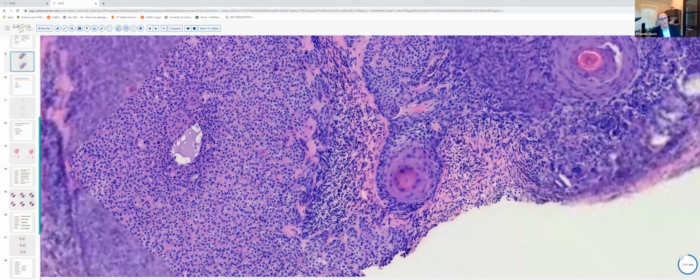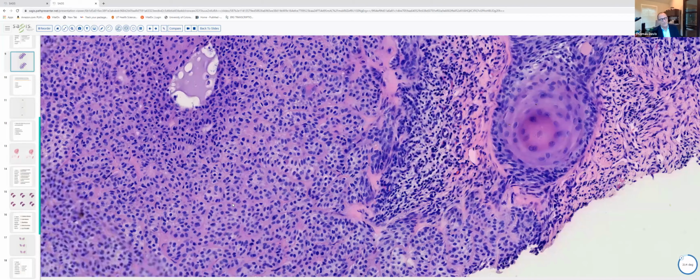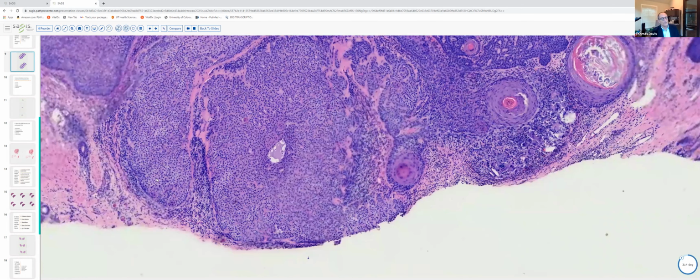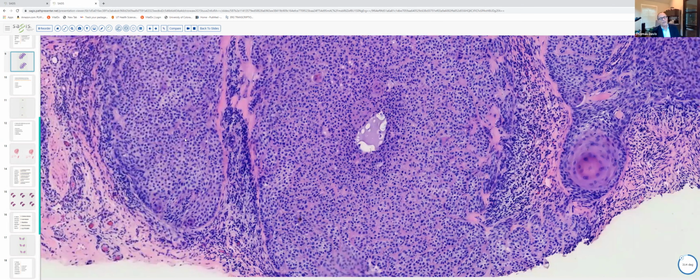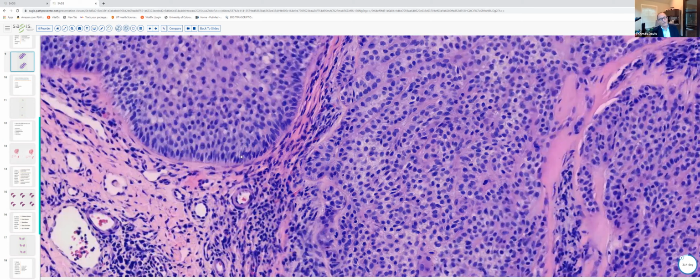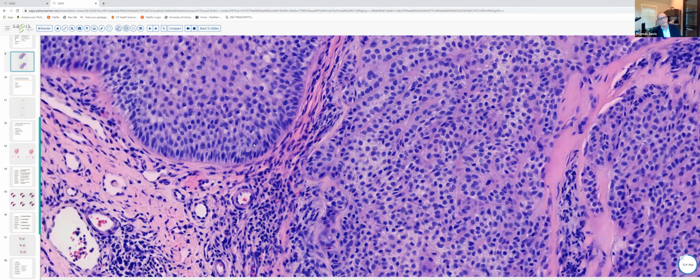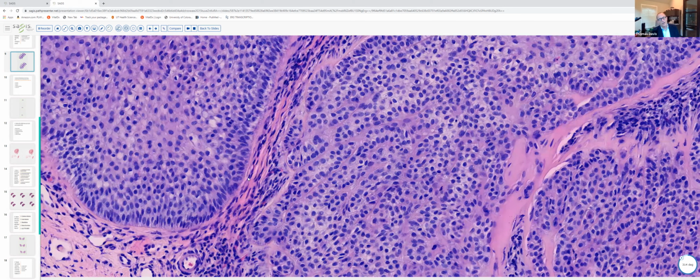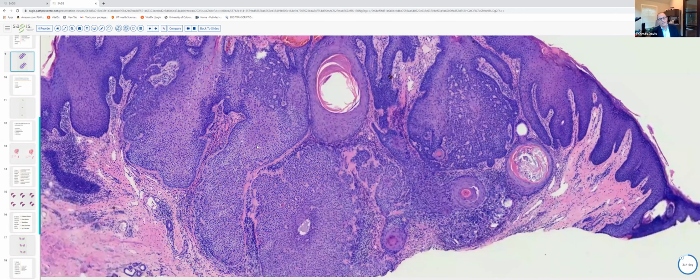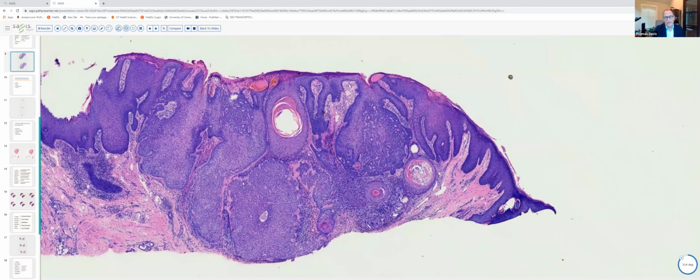The nuclei are uniform. There's not much pleomorphism. And if we look at the periphery of these aggregates, we can see that many of the cells have kind of a high cuboidal to columnar appearance, and they're kind of situated on a basal lamina here. And of course, this constellation of features is diagnostic of a trichilemmoma.